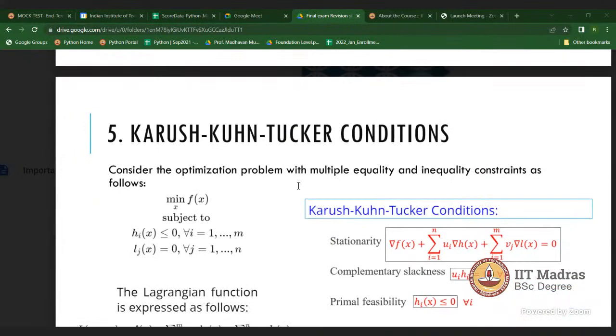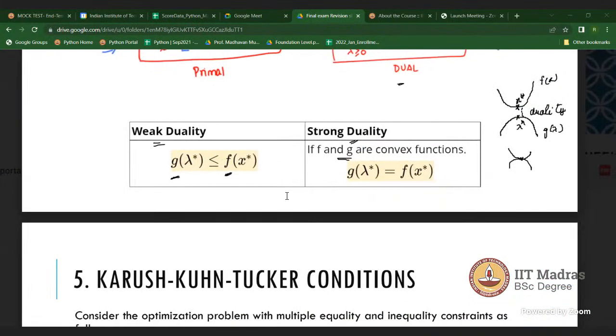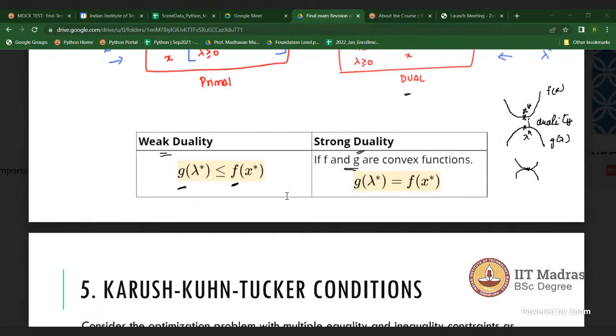Sir, I just want to clarify my doubts. The primal problem is the original problem. Yeah, the original one. And since we cannot solve it, we have converted that primal into the dual problem. And then the dual can be weak duality or strong duality. In weak duality, the solution we get after converting into the dual problem will not be exact as per the original problem.